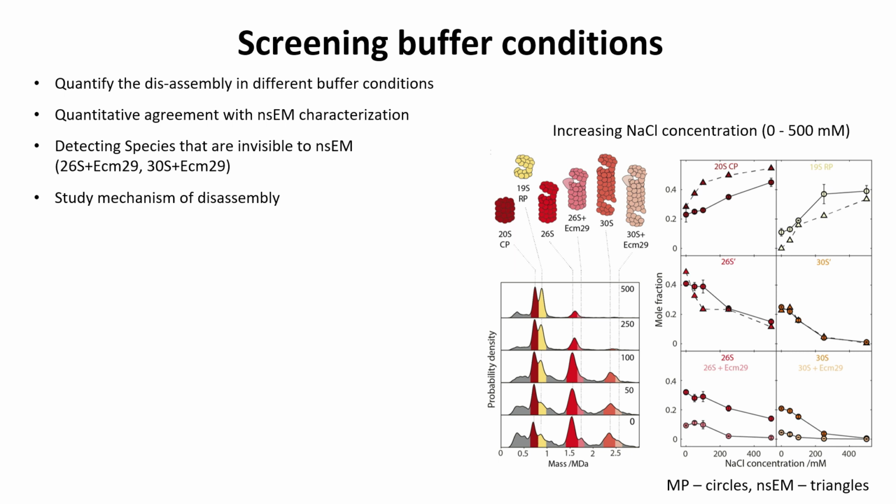First you can see the mass histograms, and you can already see quite nicely how the complex disassembles once you increase the salt. This is happening specifically above 100 millimolar, where you can see the 30S completely disappears, and then above 250 also the 26S disassembles.